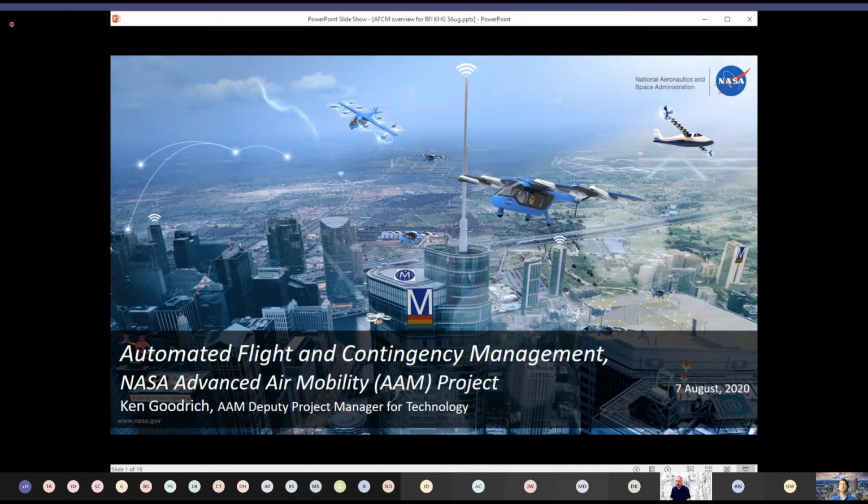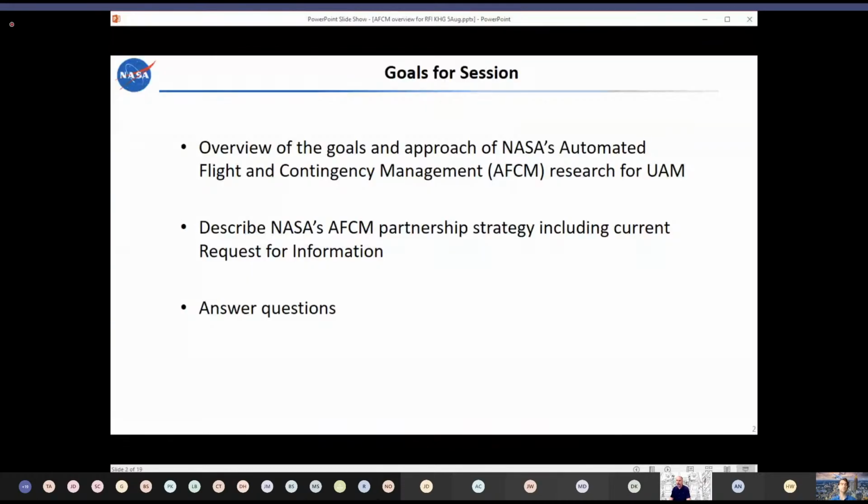Also during the Q&A, I'll be joined by Murray Stringer, who is the sub-project manager for the Automated Flight and Contingency Management sub-project in AAM, along with Mary's at Langley, and we'll also be joined, I believe, by Mike Fury, who is the tech lead for AFCM. He's at Ames. So with that, let me go ahead and launch into the package.